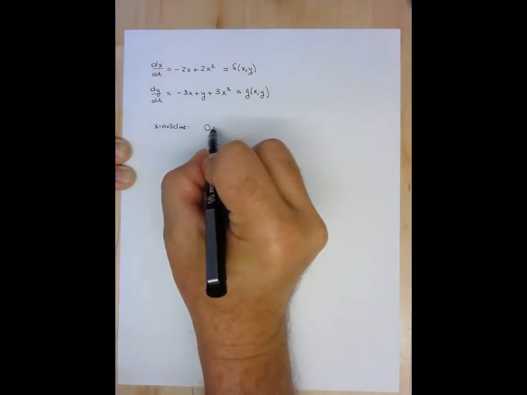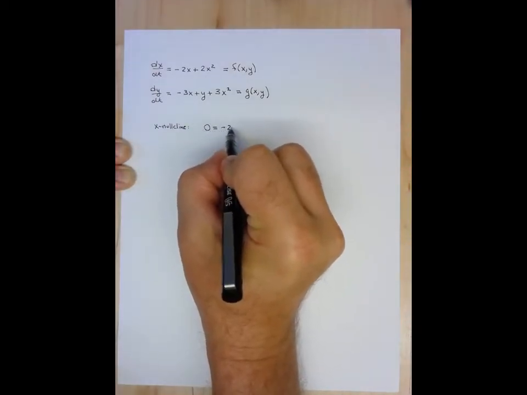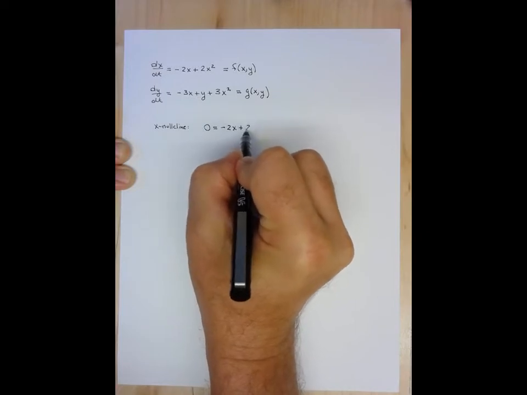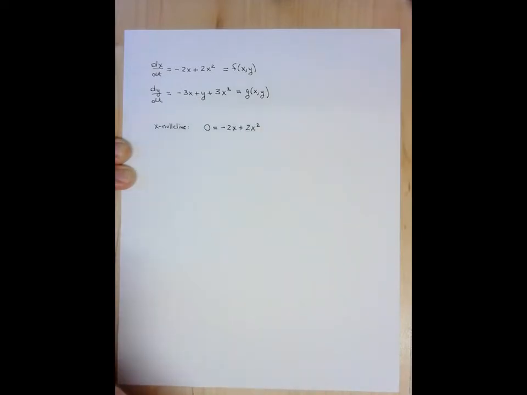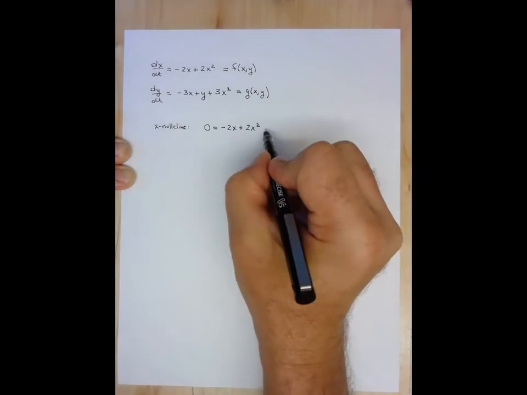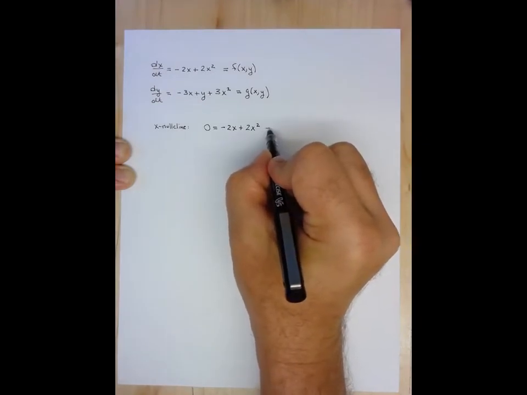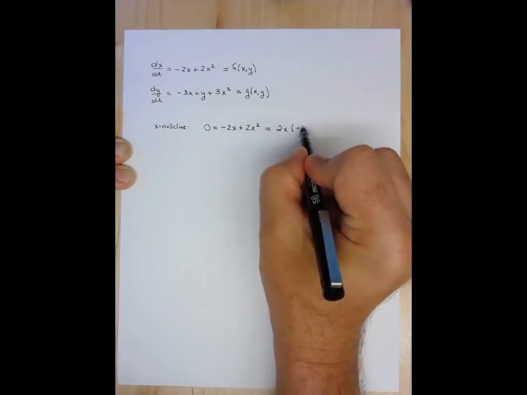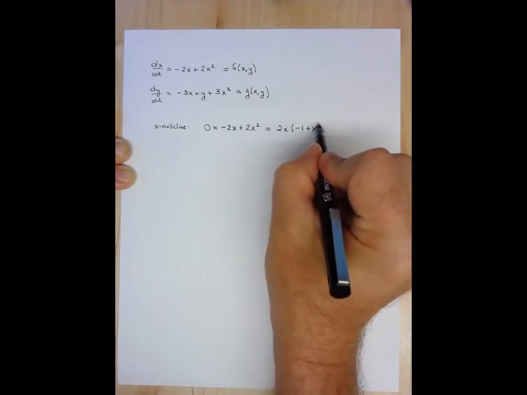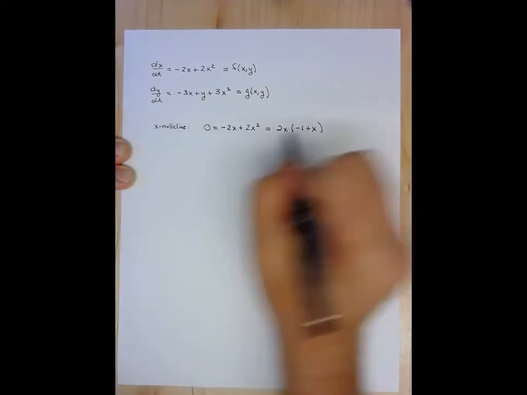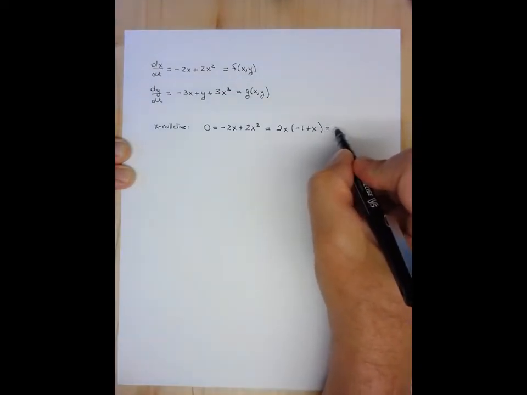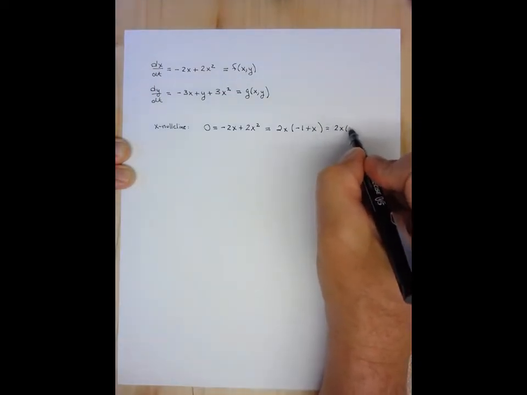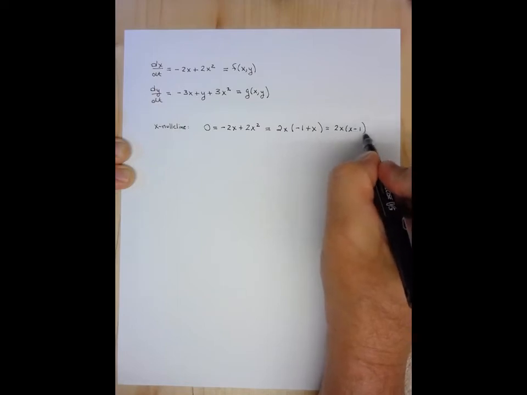So that's 0 equals minus 2x plus 2x squared. This can be factored. We can pull out a 2x, so this is equal to 2x times negative 1 plus x, which is 2x times x minus 1.